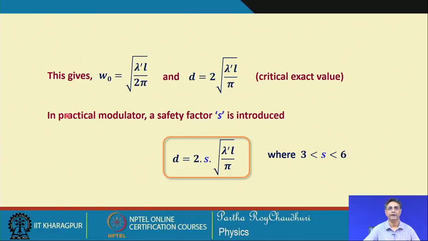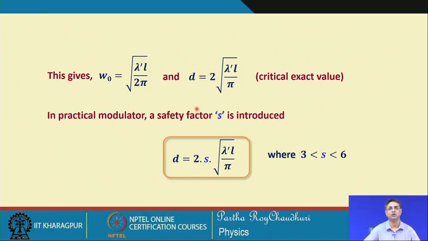Now, in practice there will be a tolerance. Just now what I said, that if it is exactly this value, then it will be a very alignment critical operation, and also it has to be extremely stable, because otherwise any small fluctuation in the positioning will miss out the beam outside the crystal.